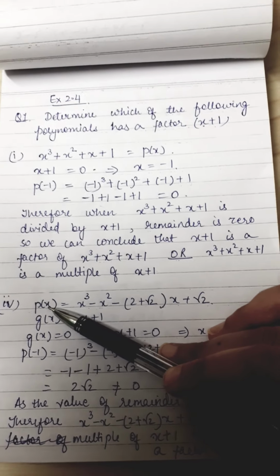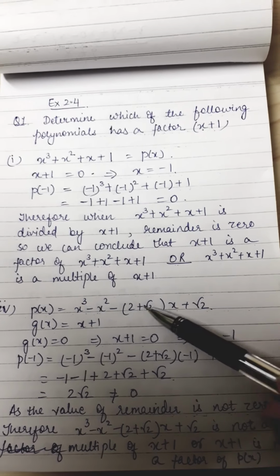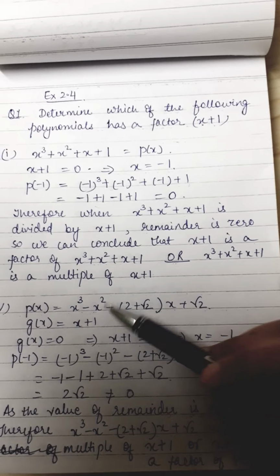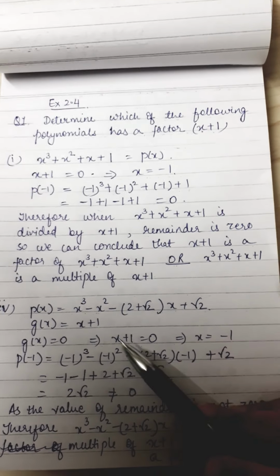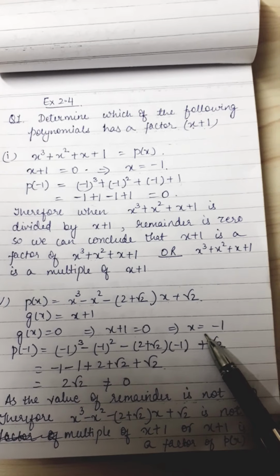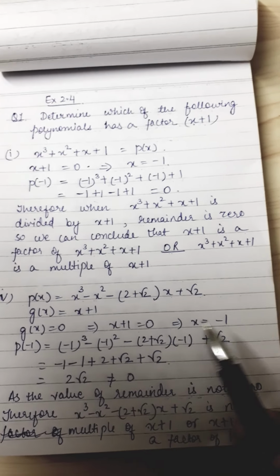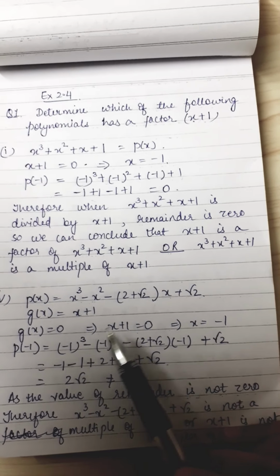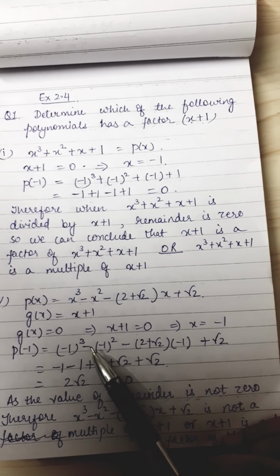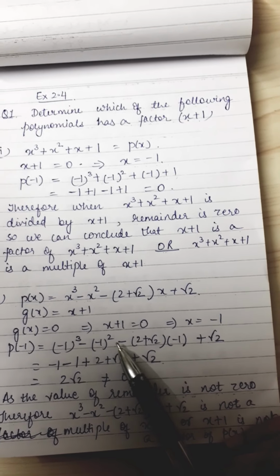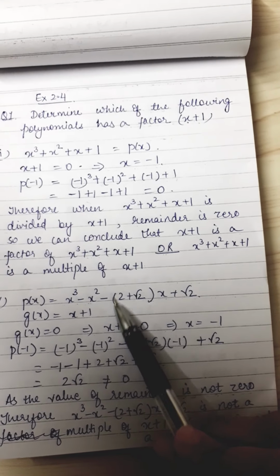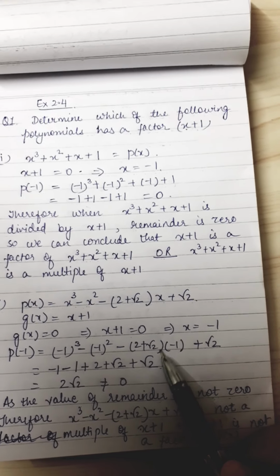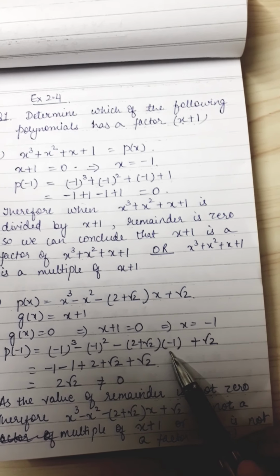Next question is fourth part. P of x is this polynomial, g of x is same, x plus 1. So again we will equate g of x to 0 and find x equal to minus 1. Then you will substitute minus 1 in given polynomial. So I get minus 1 cube minus of minus 1 square minus of, now there is a bracket over here, so don't miss that bracket, minus of 2 plus root 2 into minus 1.